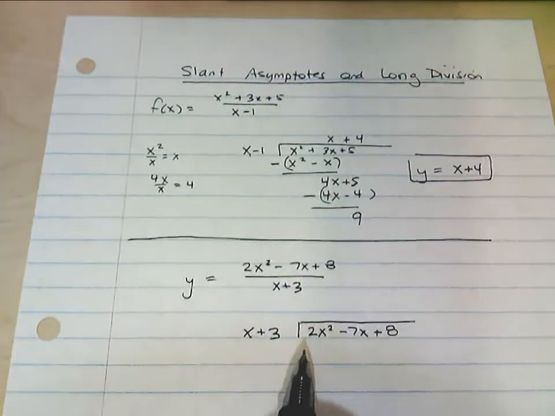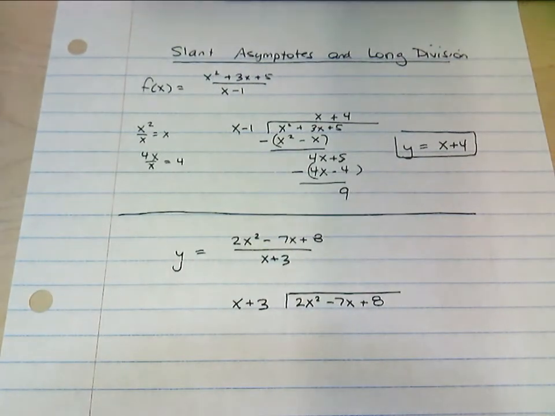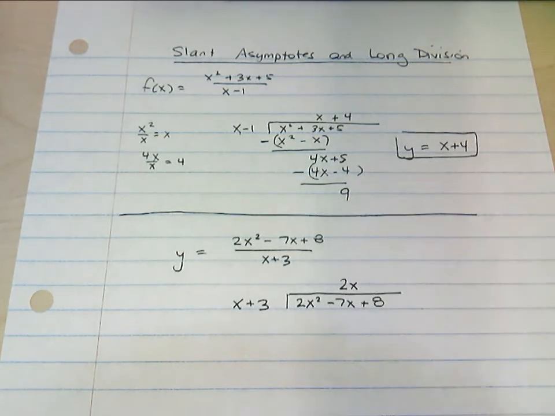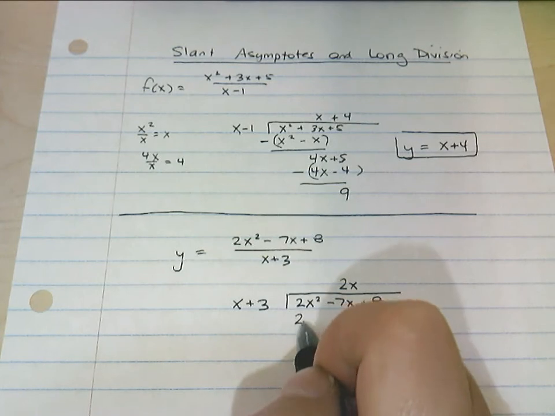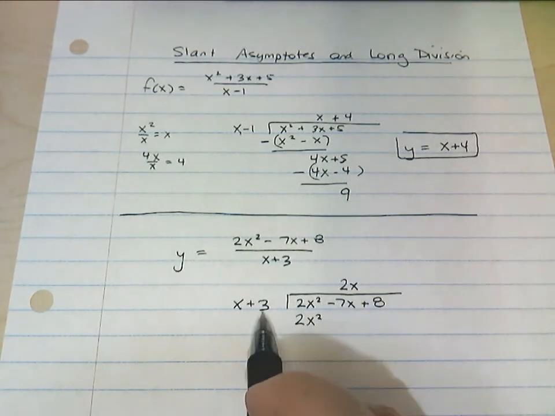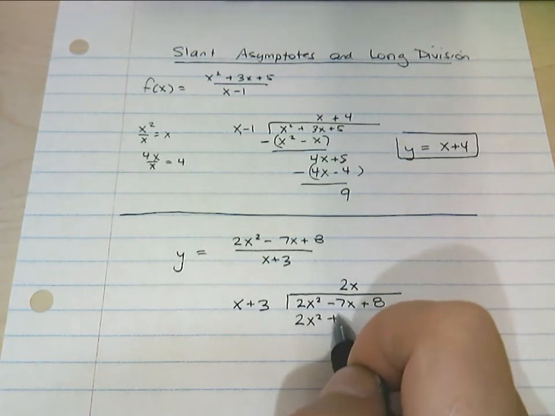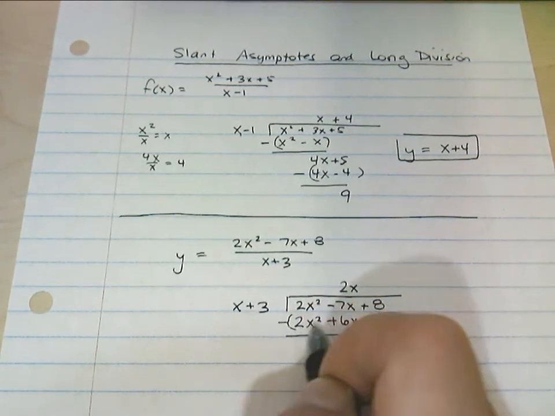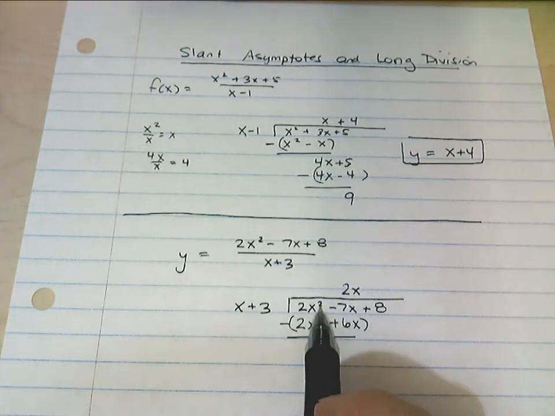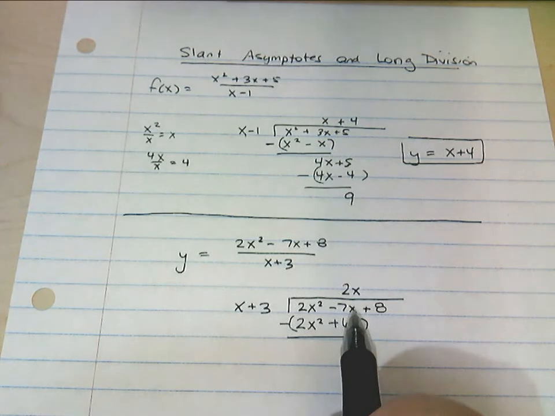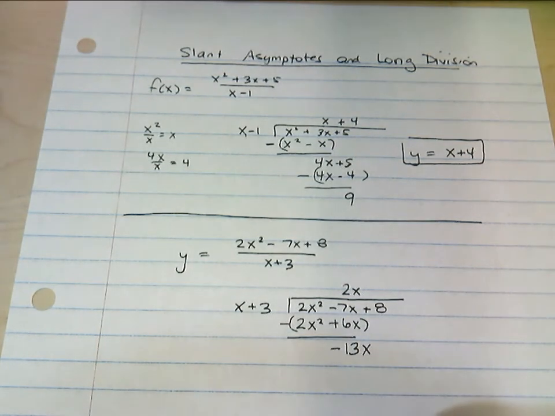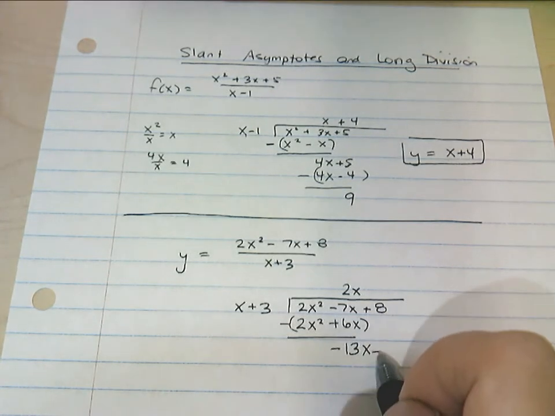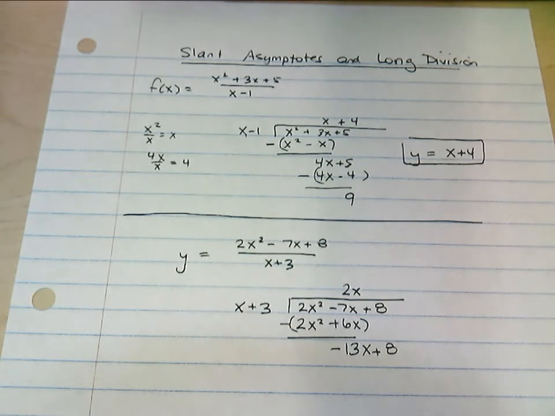So I'm going to take 2x squared and divide it by x, and I'm left with 2x put above the x value. 2x multiplied by x will be 2x squared. 2x multiplied by 3 is plus 6x. Then I'm subtracting. 2x squared minus 2x squared is 0. Negative 7x minus 6x will be negative 13x. I'm going to bring down the positive 8 and then do division again.